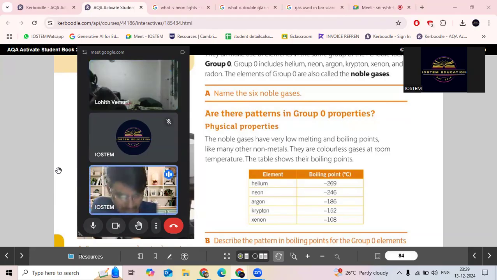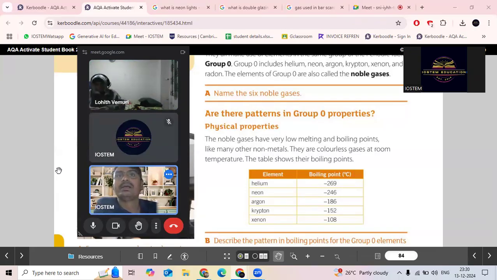And you can write the values: helium, neon. Do we use neon somewhere else also? Have you heard about the word neon light? What is the difference between normal lights and neon light? Kind of glowing. Yes, more bright, right? So this is one of the properties of noble gases: if we supply current to the gas, it glows.